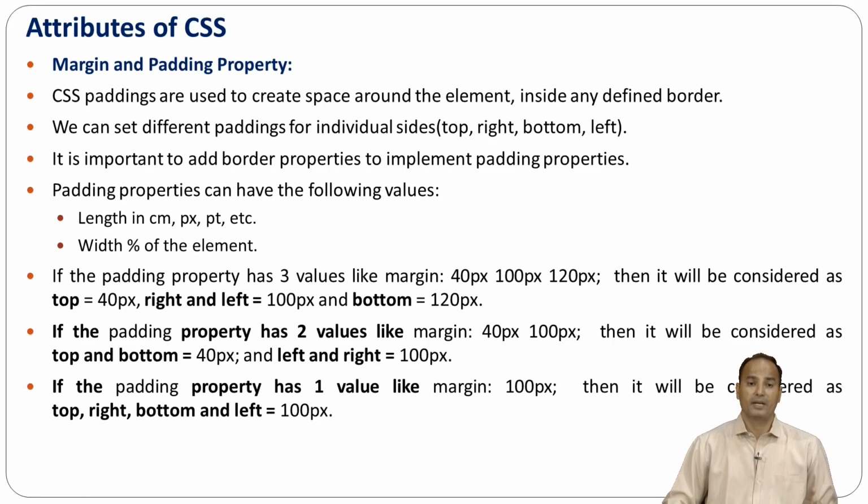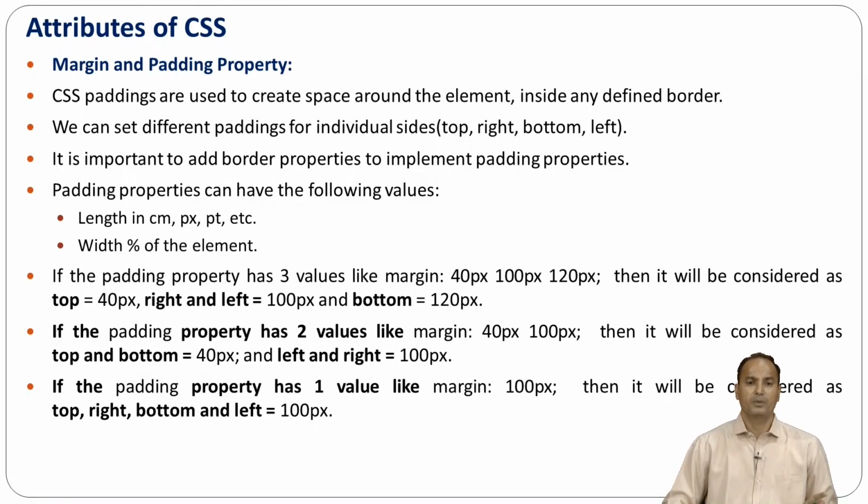Now if the padding property has three values like margin 40 pixels, 100 pixels and 120 pixels, then it will be considered as top 40 pixels, right and left 100 pixels and bottom 120 pixels. That means if there are three values, then the middle one will be considered for the left and right.